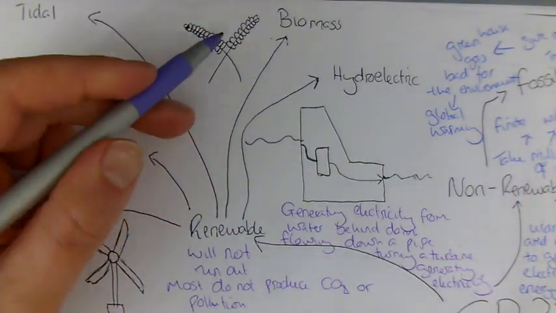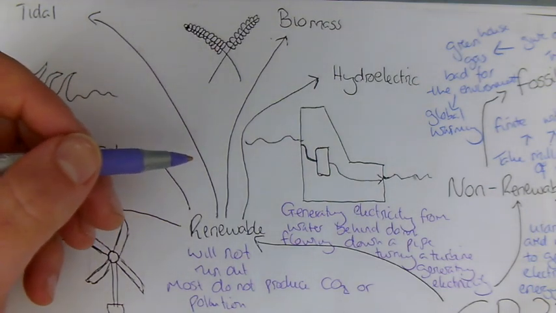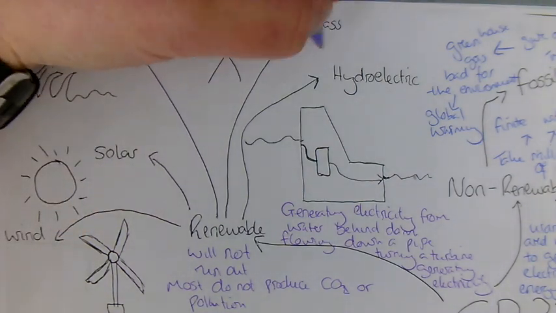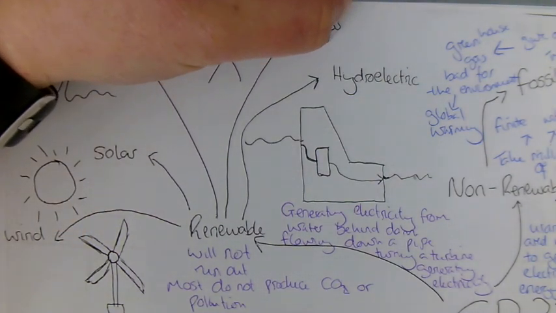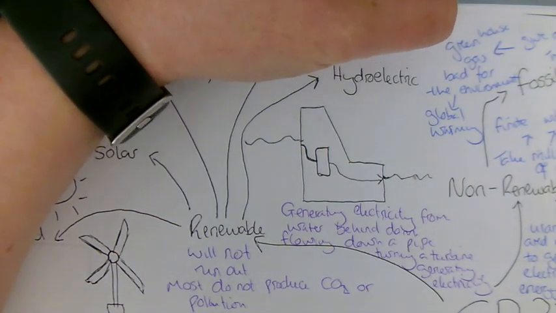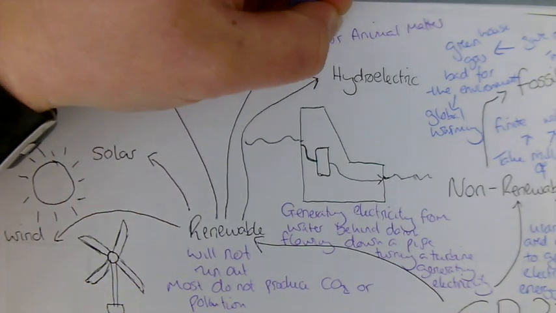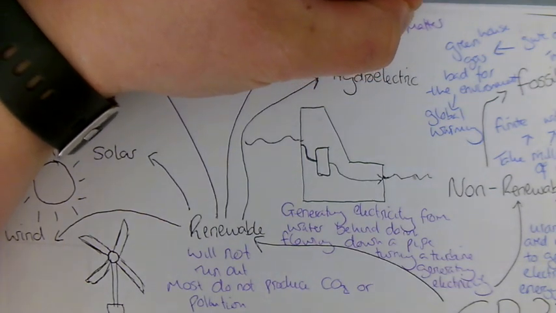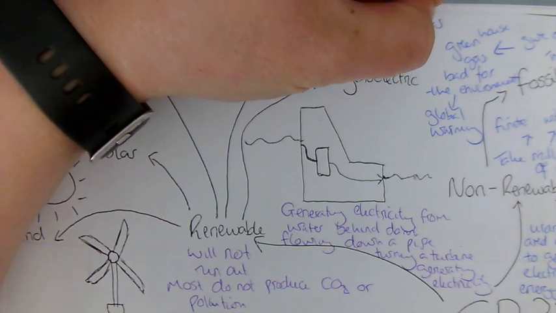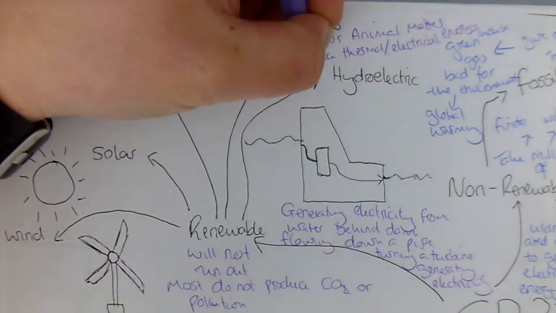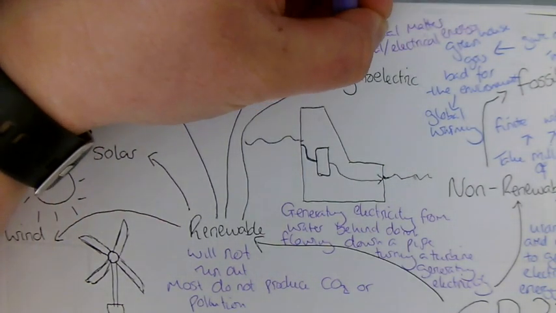Now the next one we have is biomass. Biomass is using animal or plant matter to produce thermal energy, electrical energy, or it can be used to power cars.